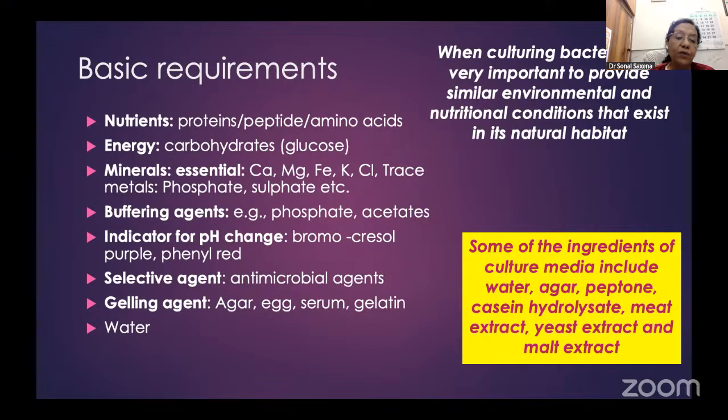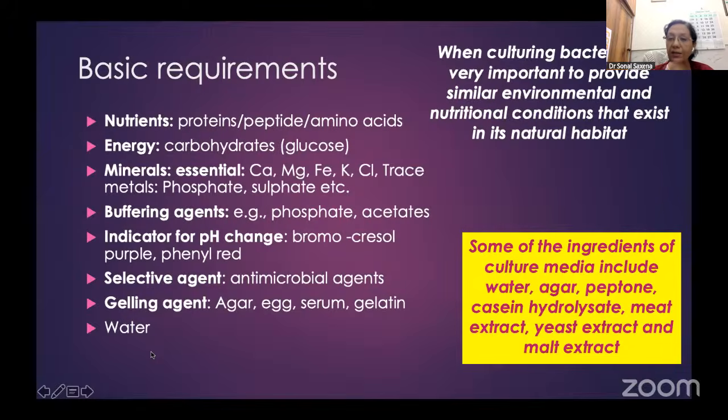And we also require certain selective agents. For example, if we want to grow certain organisms where there are a lot of commensals, we may require a selective agent like antimicrobials or heavy metals and things like that. Then we may also require certain gelling agents to make it solidify so that we can see the colonies properly. These may be agar, egg, serum, or gelatin. And of course, everything is 80% water, so we also require some water.